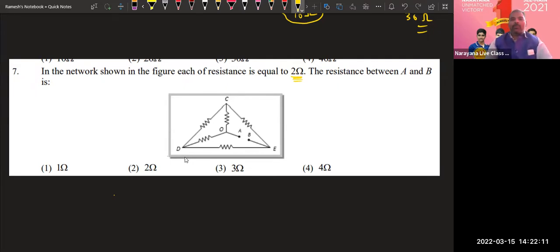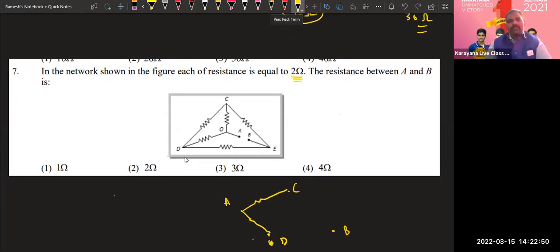So this is A and B. This is C. Somewhere here is D. Between A and C, one resistance is there. Sorry, this is D actually. Between A and D also one resistance is there.